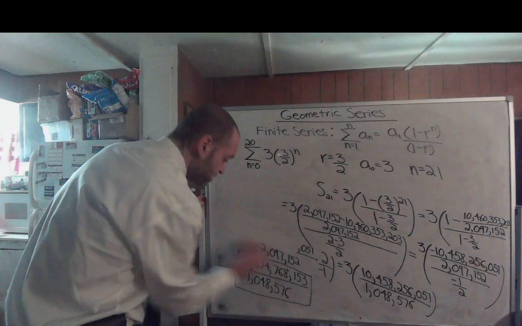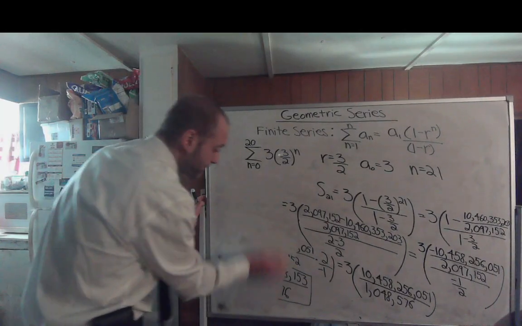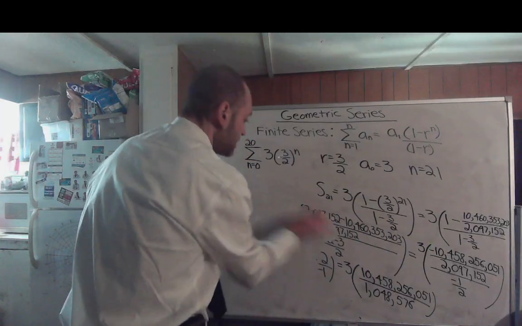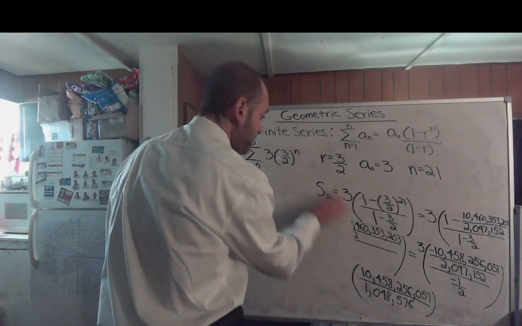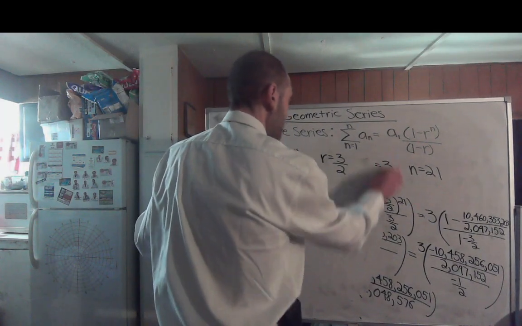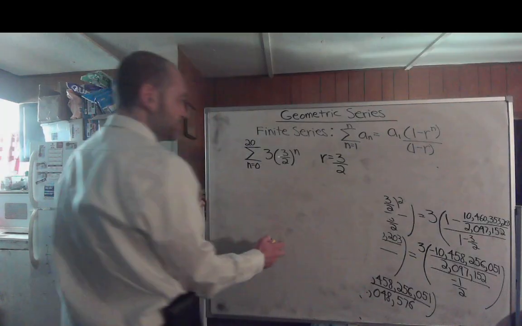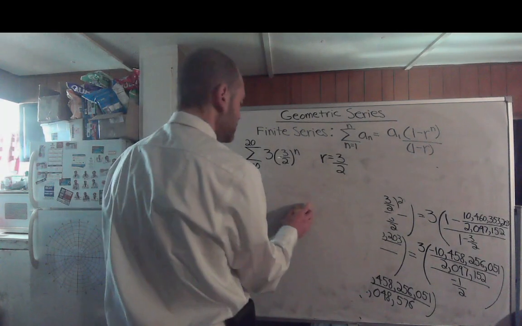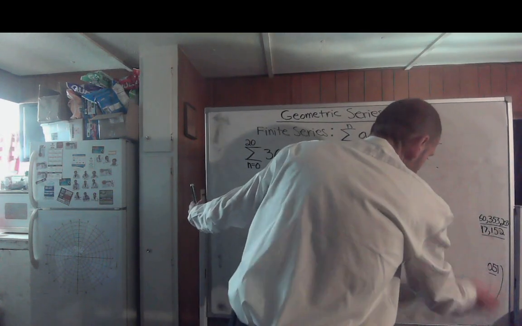Now, let me change this a bit here. I'm actually going to keep the same common ratio. Our first term is going to be different, because I'm going to change the index of summation.